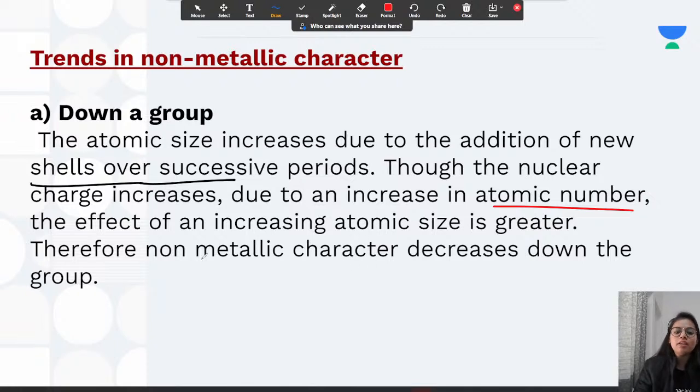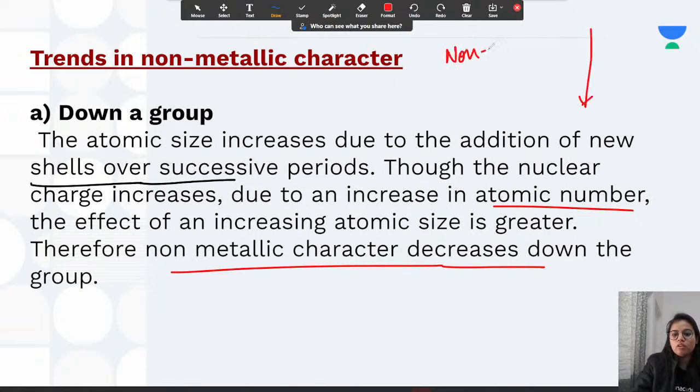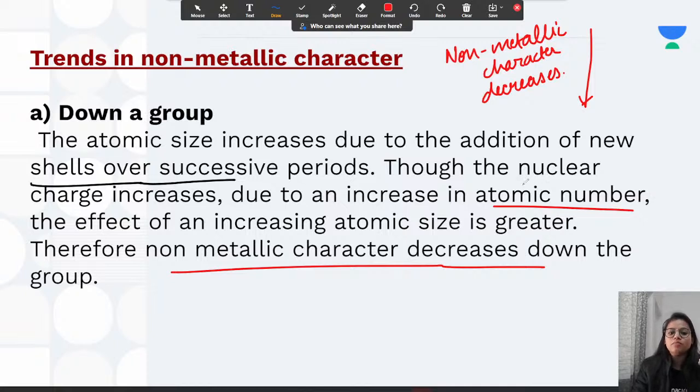So the non-metallic character decreases down the group. Why does it decrease? Because the effect of the increasing atomic size is greater as compared to the nuclear charge, and therefore the metallic character will be increasing, and subsequently non-metallic character will be decreasing.